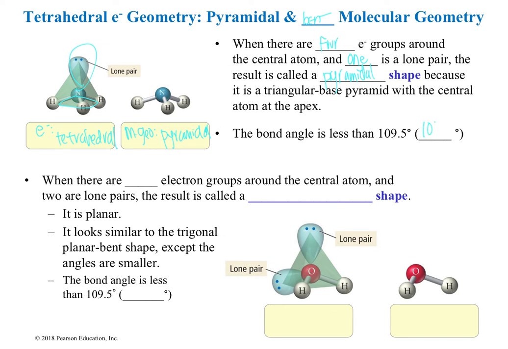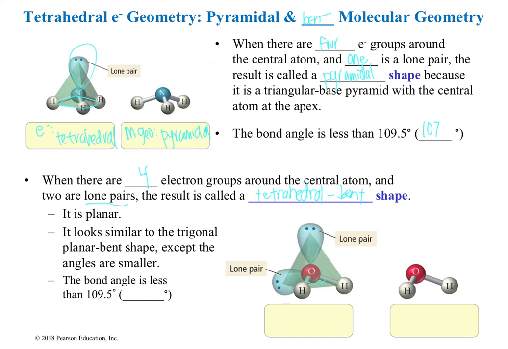It's actually 107 degrees. When we have, again, 4 electron groups and 2 are lone pairs, meaning 2 are bonds, this is called tetrahedral bent. We want to specify that it's tetrahedral because we have the trigonal planar bent. It's in a plane. It looks similar to the trigonal planar bent, but it has a smaller bond angle since there's 2 electron groups pushing them together.